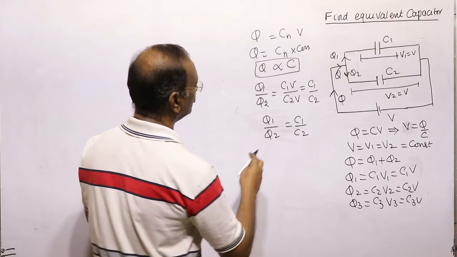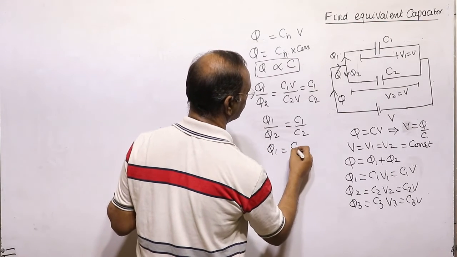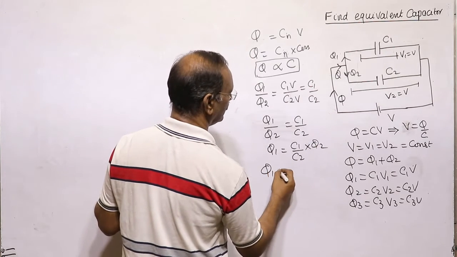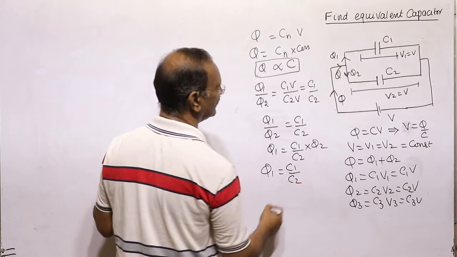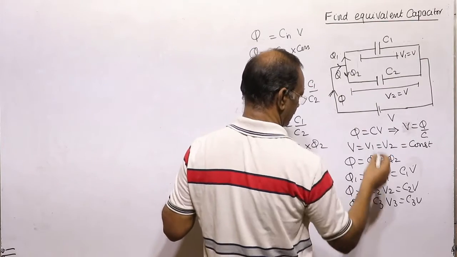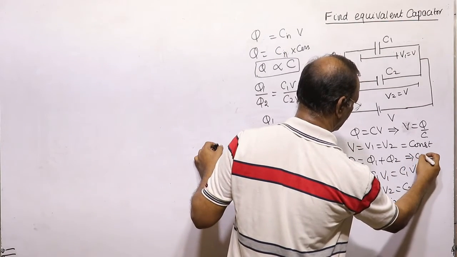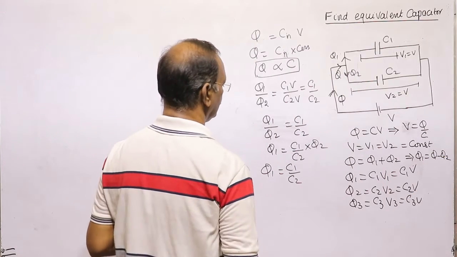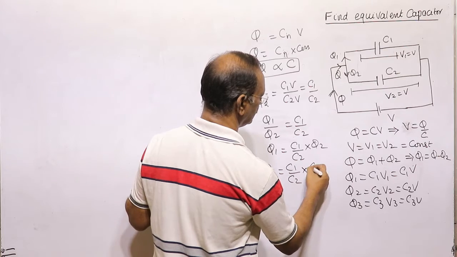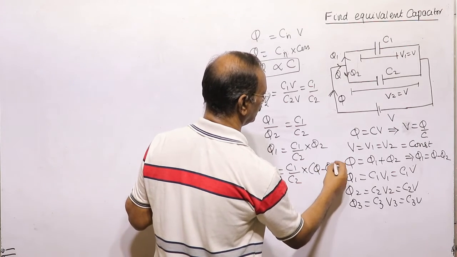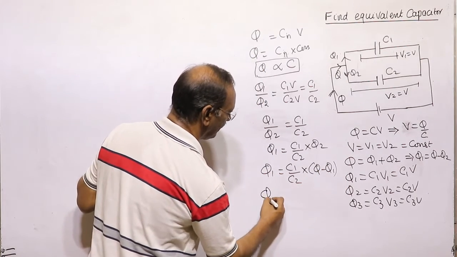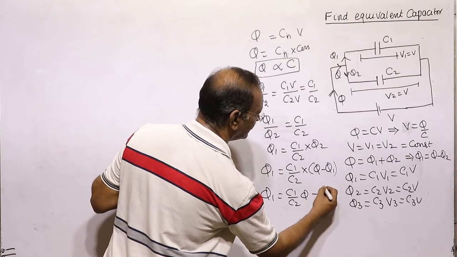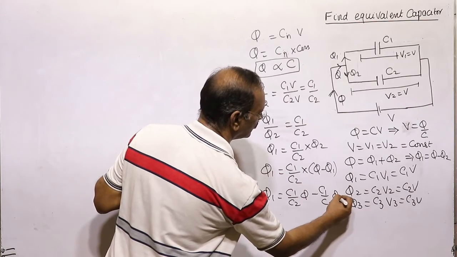And what is Q1? Let us find out. Q1 is equal to C1 by C2 into Q2. Because the total charge is Q1 plus Q2, we can write Q2 is equal to Q minus Q1. So Q1 is equal to C1 by C2 into Q minus C1 by C2 into Q1.